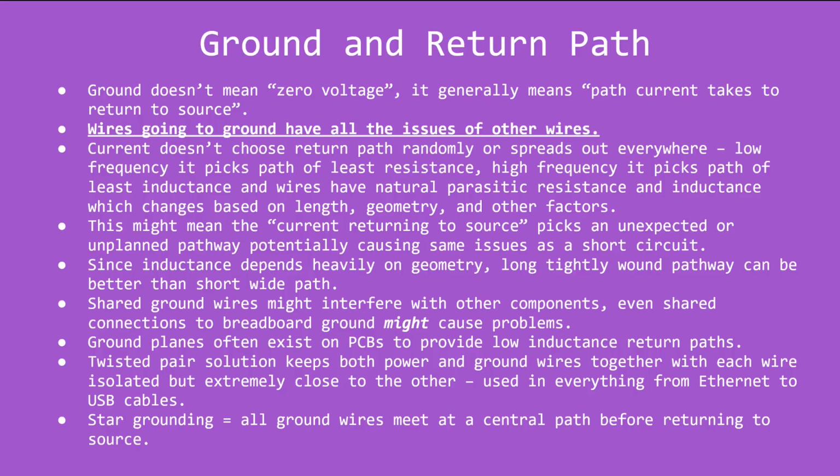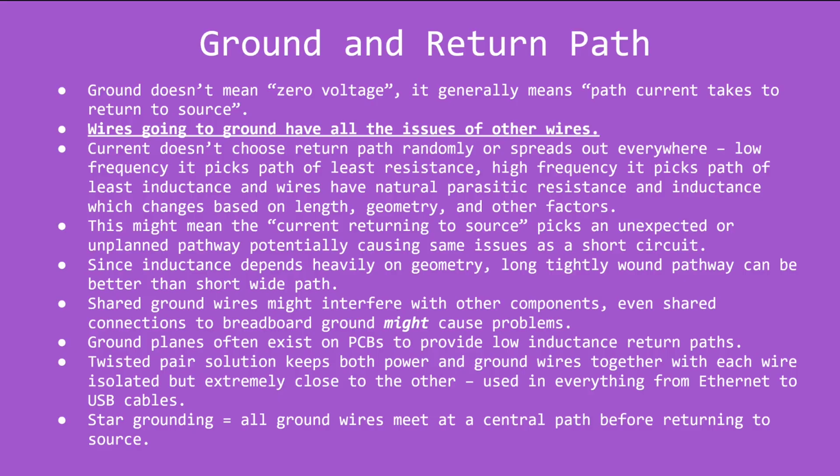And keep in mind that wires have both the parasitic resistance and inductance that we've already discussed. That means current returning to source could pick an unexpected or unplanned pathway, potentially leading to issues, including something like short circuiting. Since inductance depends heavily on geometry, long, tightly wound pathways actually might be better than short, wide paths.